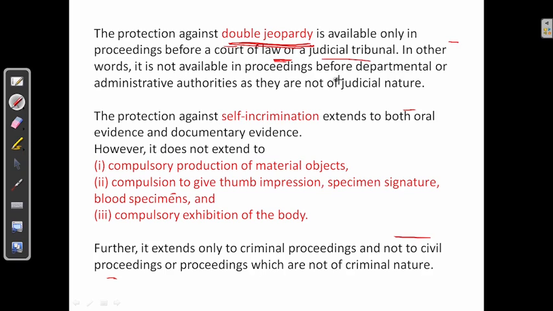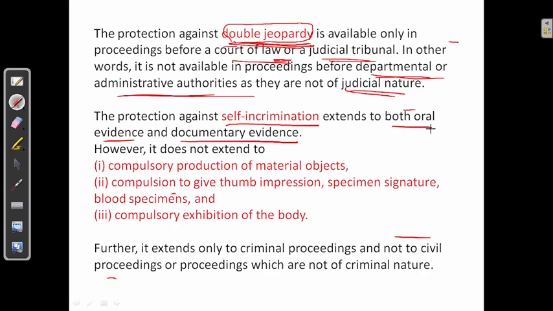In other words, it is not available in proceedings before departmental or administrative authorities, as they are not of judicial nature. Next, the protection against self-incrimination extends to both oral evidence and documentary evidence.